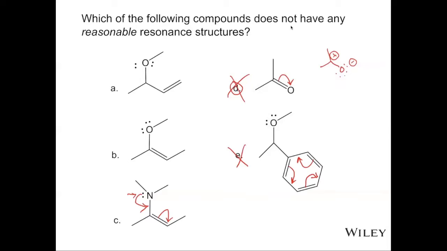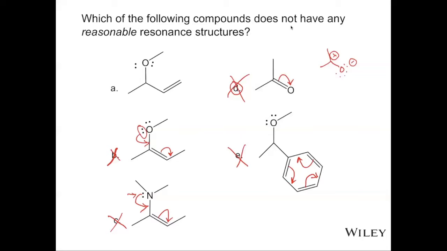And so this one has a valid resonance structure. And the same goes with B. I have a lone pair right next to a double bond. So this lone pair can kick down and we can kick that up. And so these B, C, D, and E are exactly from those patterns that we just talked about a few seconds ago on a previous slide.